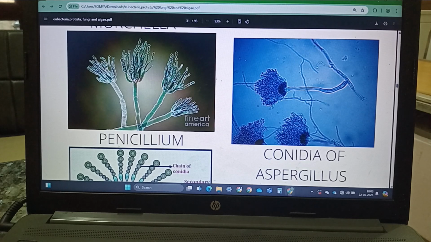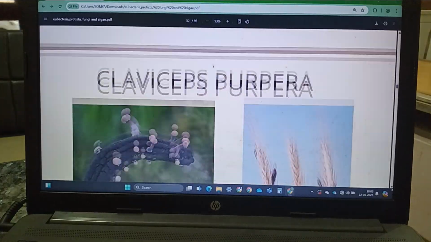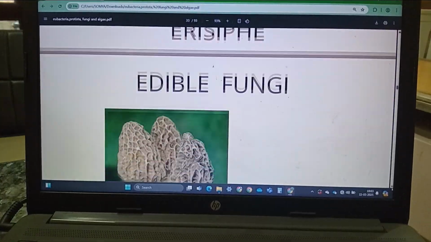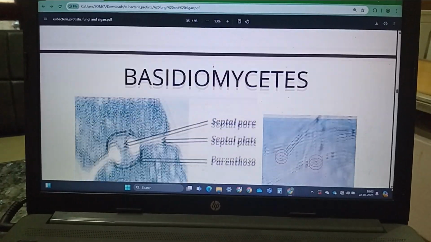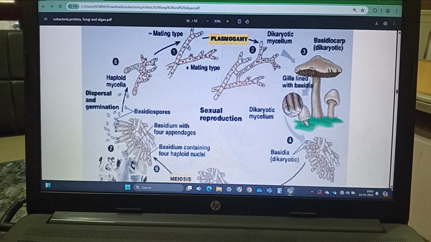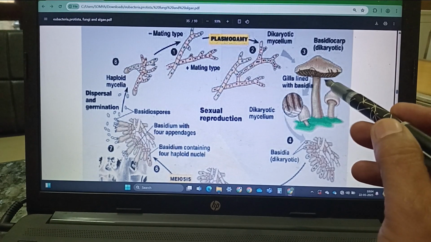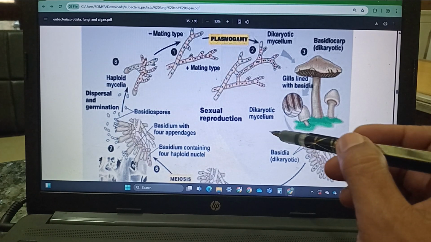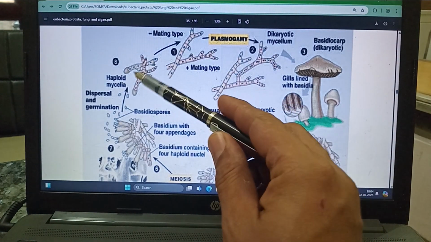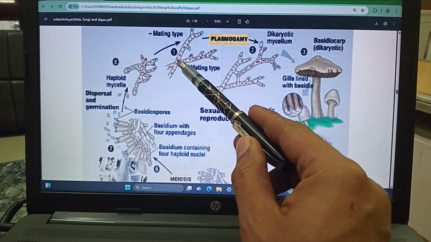The various spores are produced in distinct structures called fruiting bodies. So let's see the method of sexual reproduction in Basidiomycetes. This is the fruiting body, and here they are producing the basidiospores. There is fusion of the protoplasm.